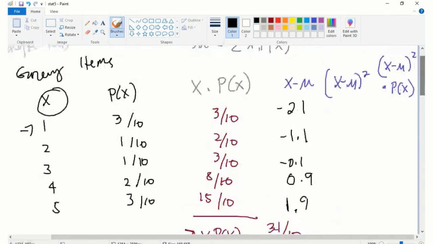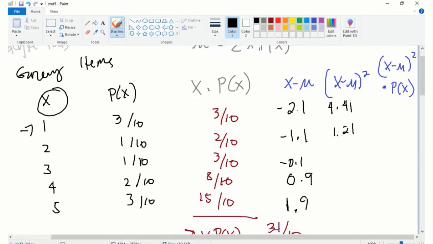Okay. Now, itong mga nakuha natin na differences, kailangan natin siyang i-square. So, negative 2.1 times its own, 4.41. Okay. 1.1 squared, guys, i-positive ko na kaagad kasi negative times negative is just positive pa rin, so it doesn't matter.